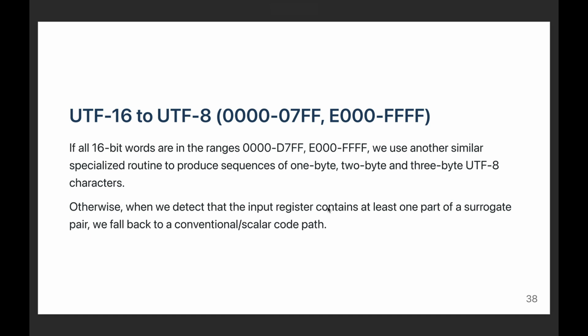When the words need to be mapped to either 1-byte, 2-byte, or 3-byte UTF-8 characters, we use a similar approach. It's slightly more complicated, and we need to build an index based on where the ASCII characters and the 2-byte characters are.